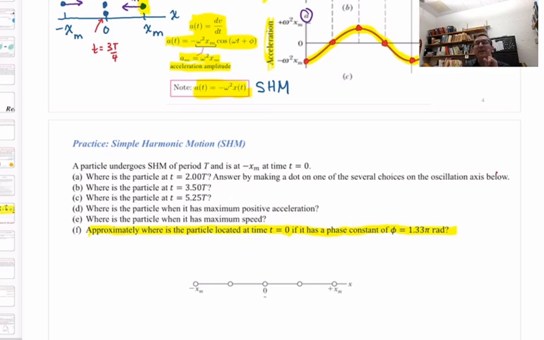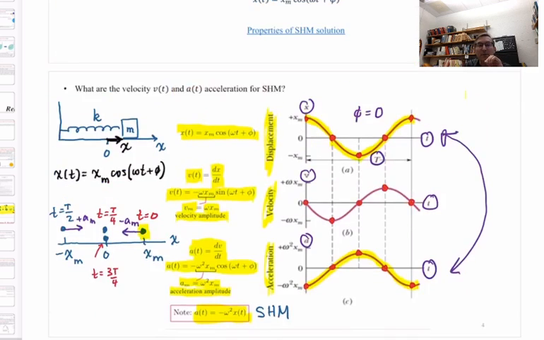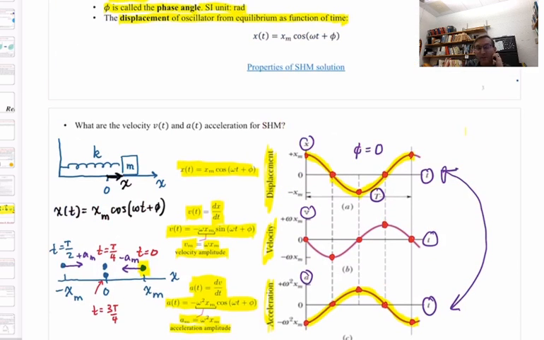Remember I said, if the phase angle is 0, then the x function is just a simple cosine, such as shown at the top of these three plots up here. The top one is a simple cosine with a phase angle of 0. Note what that means at time 0. The block is at plus x max.